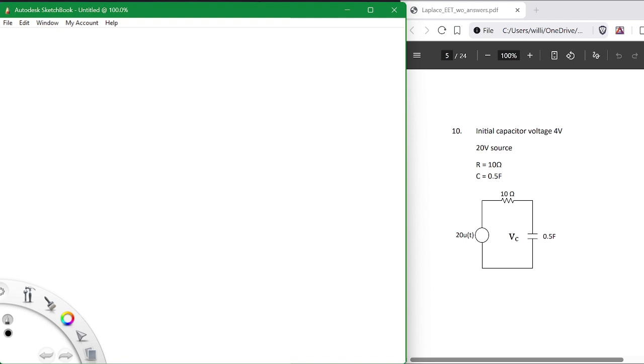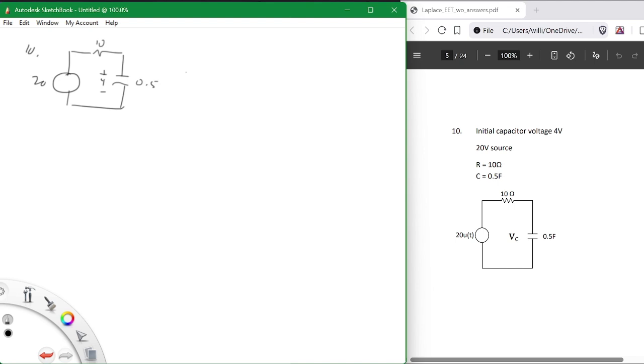Okay, so this is number 10. We've got 20 over here. I've got 10 up here. And I've got 0.5 over here. And I've got an initial capacitive voltage of 4 volts. So I've got a plus 4 minus to start with. So what do you do there?